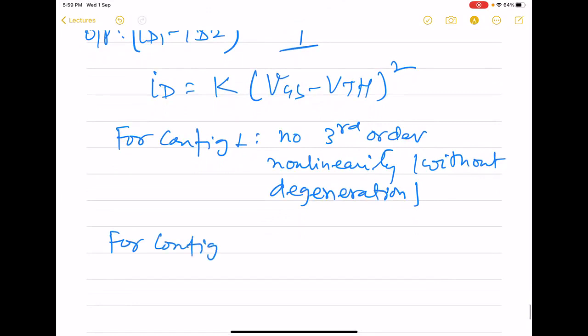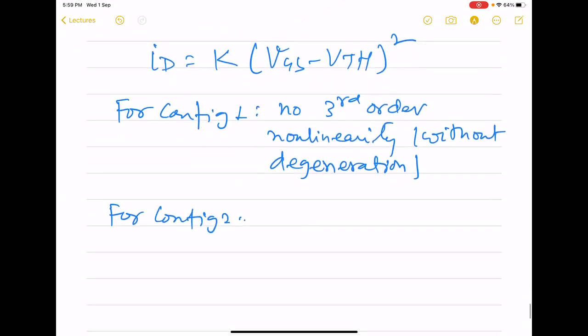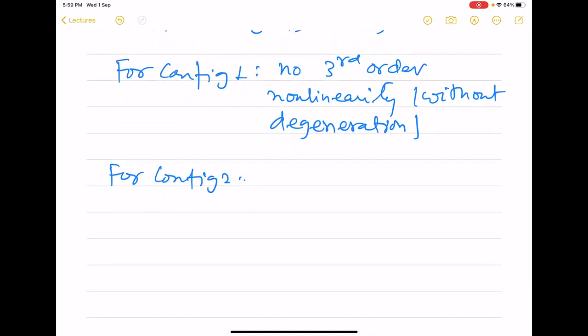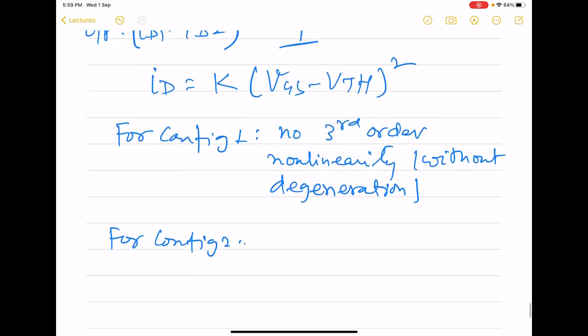For configuration 2, now let us try to find out what happens with this current equation.